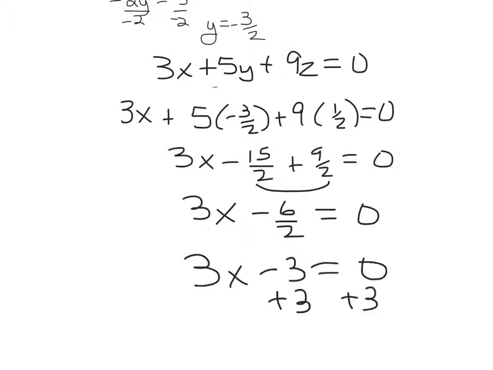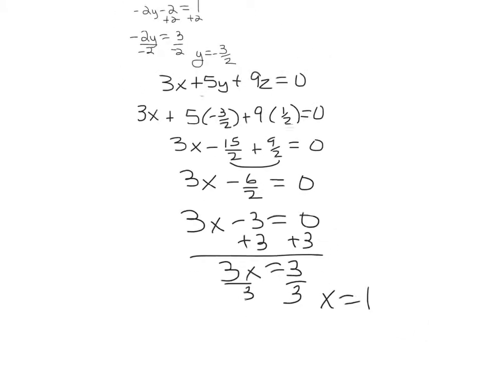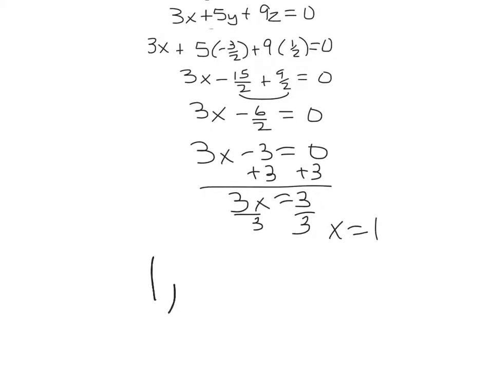Add the 3. 3x equals 3. Divide by 3, and x equals 1. So again, written as an ordered triple, x is 1, y is negative 3 halves, and z is 1/2. So that is the answer to number 6.